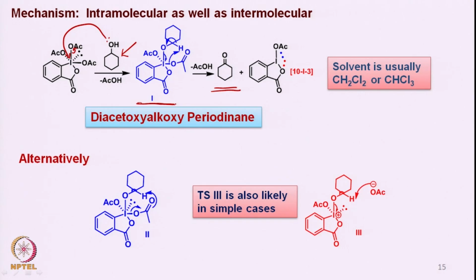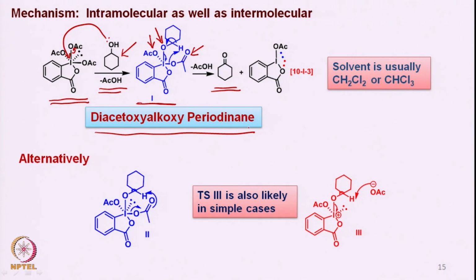Now, this has two acetoxy groups, one here and one here. That is the reason why it is called diacetoxy alkoxy periodinane. So, your alkoxy group is coming from the alcohol that we are going to oxidize, and there are two acetoxy groups which are already present in the reagent system. So, basically what is happening is that the alcohol replaces one of the acetoxy groups from the starting reagent by the loss of acetic acid and forms this intermediate, called diacetoxy alkoxy periodinane.